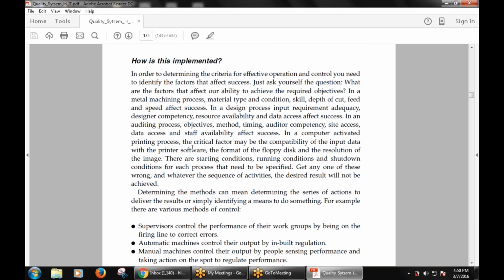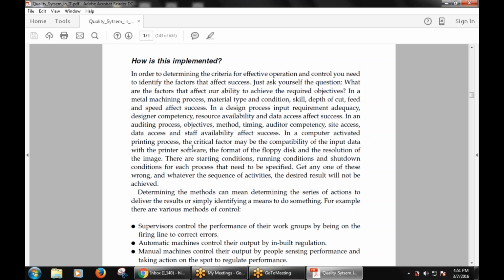Now, how is it implemented? We can set the criteria and the method for the various processes. In order to determine the criteria for the effective operation, and to find out the correct method for the effective operation and control, you need to identify the factors that affect the success. So first of all, identify the factors.